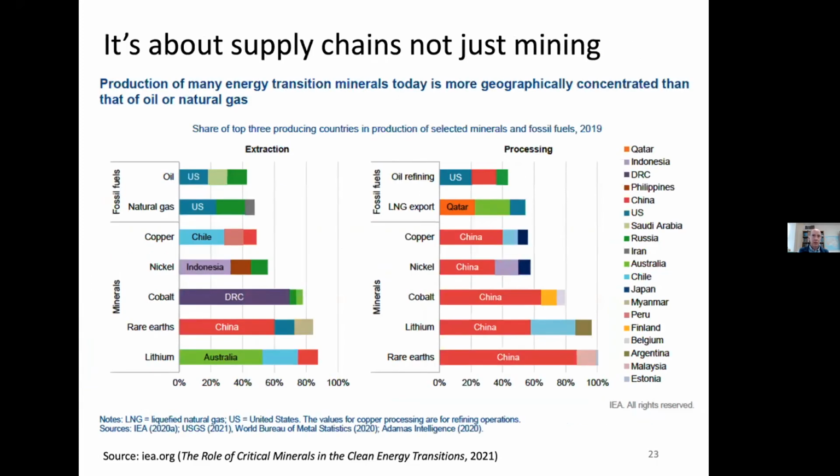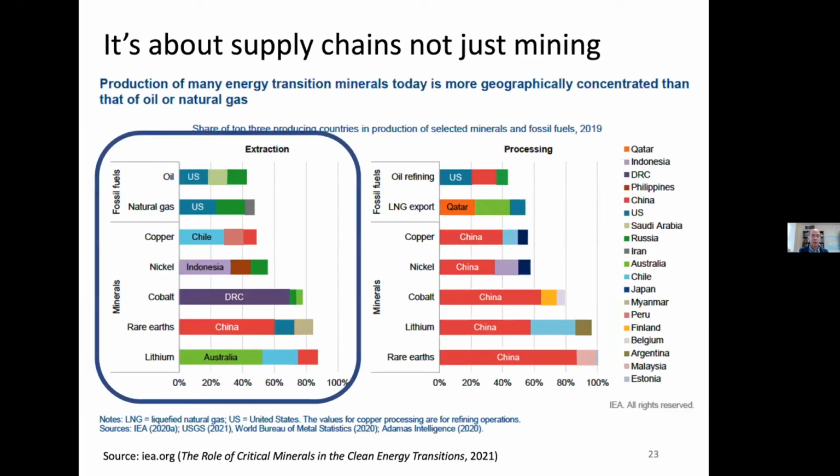And it's about supply chains, not just about mining. In the left-hand figure, we have the percentage of world production accounted for by the top 3 countries, in this case at the mining stage. And so we see fossil fuels, oil and natural gas at roughly 40%. And then we look at copper, nickel, cobalt, rare earths, and lithium, at least 45%.